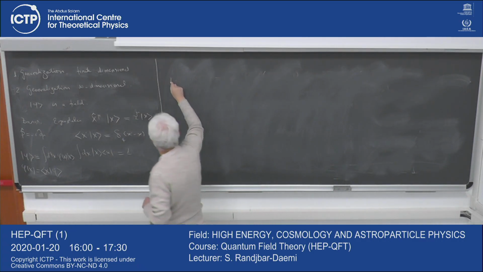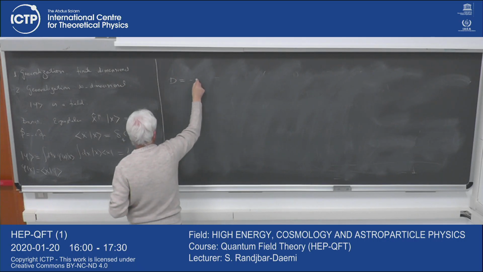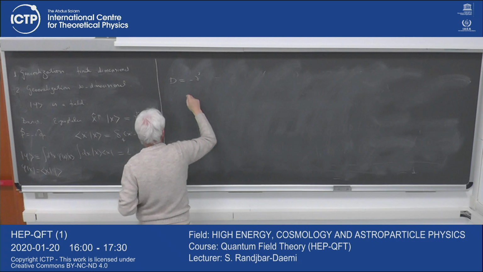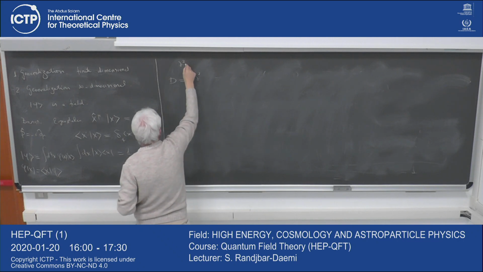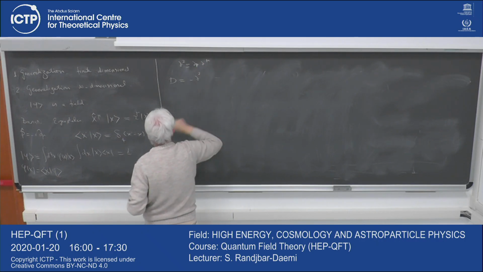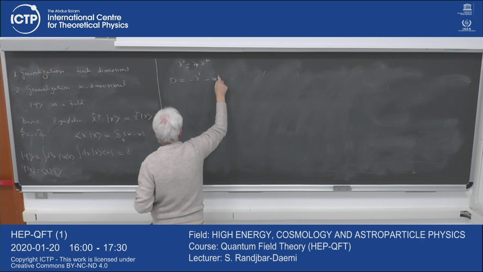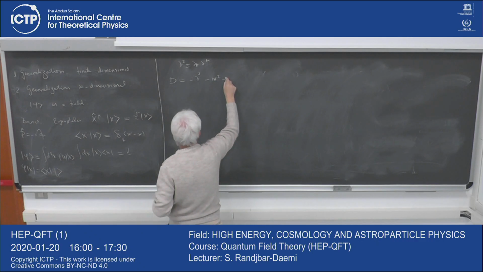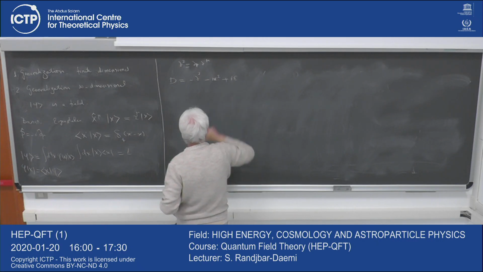So we will take D to be minus partial squared. By partial squared, I mean partial mu partial mu. That's the meaning of partial squared. Minus a constant m squared plus our friend i epsilon.